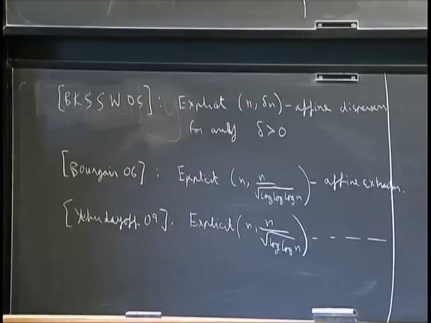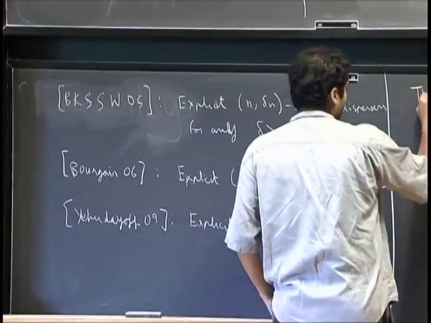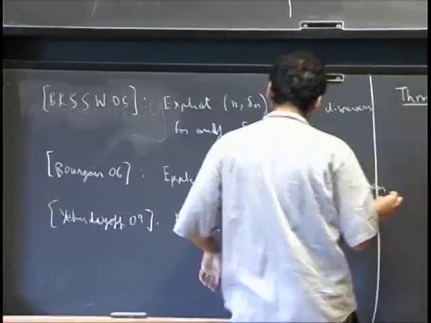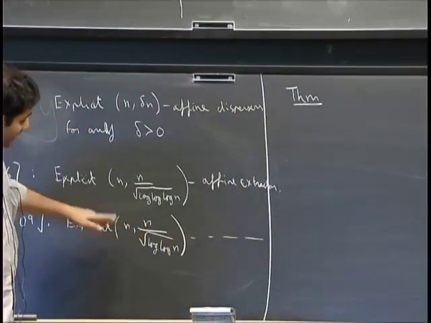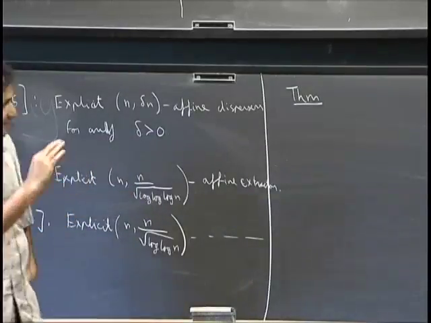So, okay, the main result that I want to talk about is an explicit n to the 1 minus epsilon affine disperser for a certain positive epsilon greater than 0.